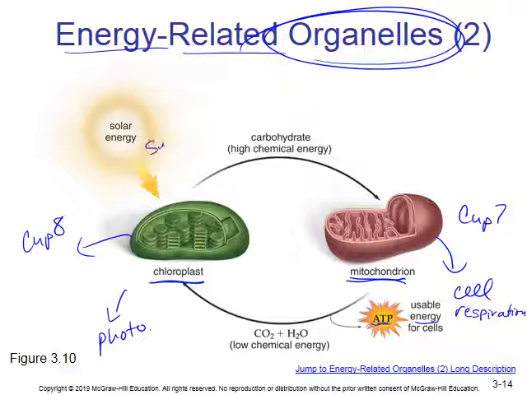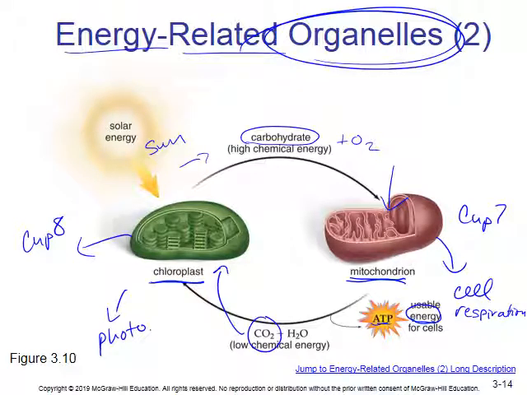So the plants take sun and they turn it into a carbohydrate, and they create oxygen, right? So they release a carbohydrate and oxygen. That's going to be picked up by the mitochondria, and it's going to be used to generate ATP energy, and CO2 is released. And we know that plants absorb CO2 and the sun initially to make this carbohydrate. So that's why they're kind of showing you this circle. Something to pay attention to is plants have both.